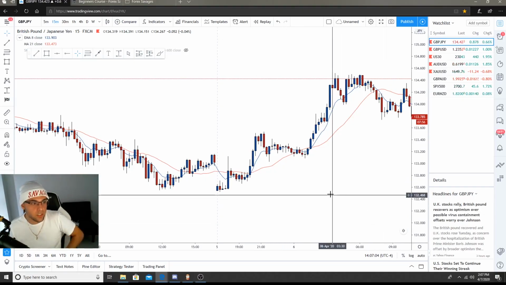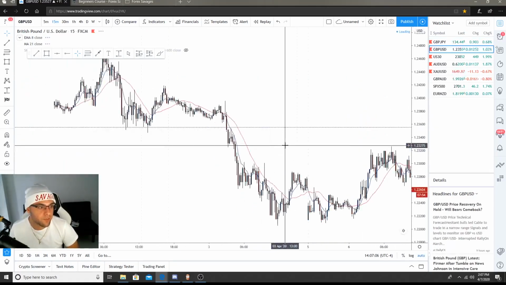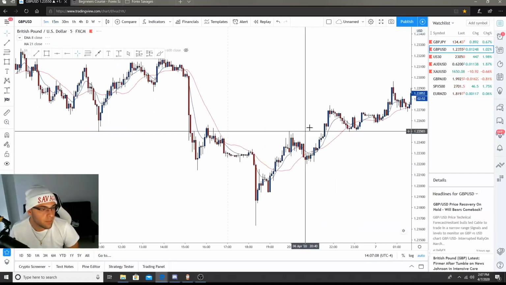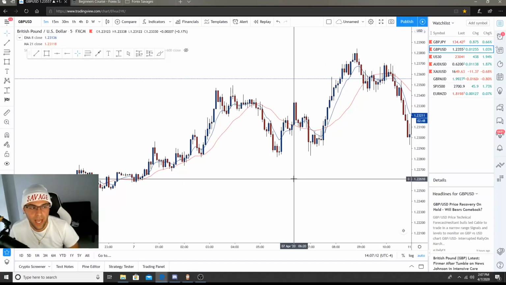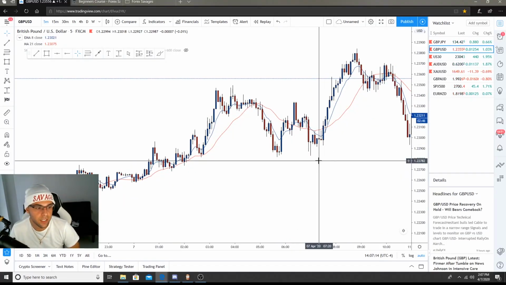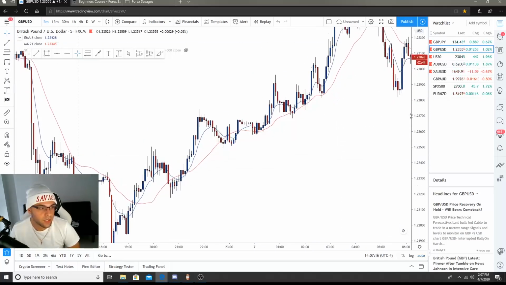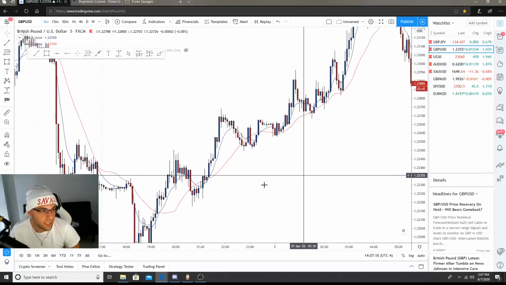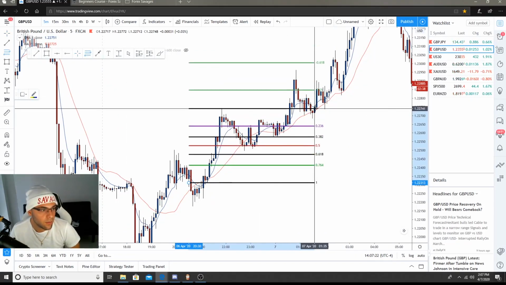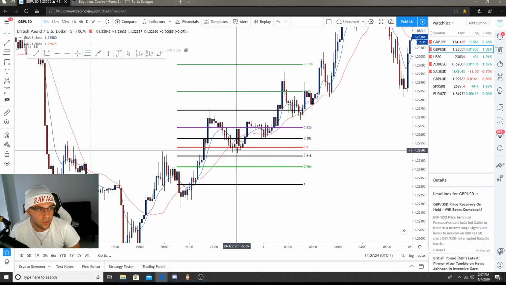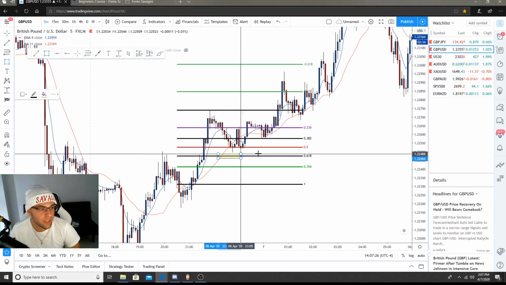Excuse me. So let's find out more examples here on our 5 minute setup. For example, we had a bullish environment here throughout the Asian and London. As you guys can see here, we have a very choppy setup right here. But as you see, the golden zone is being very much respected.